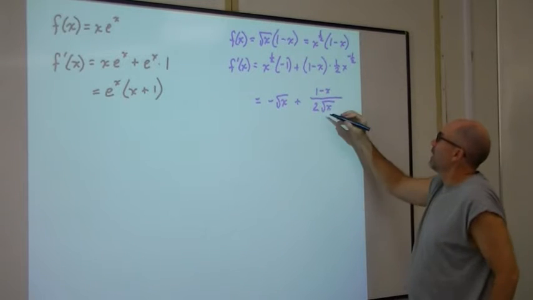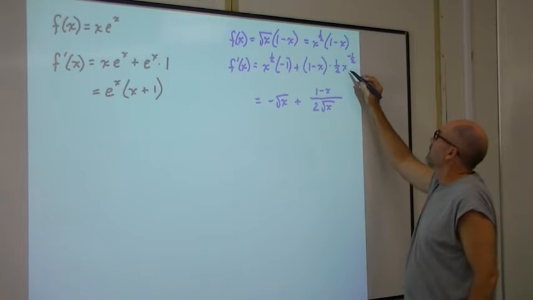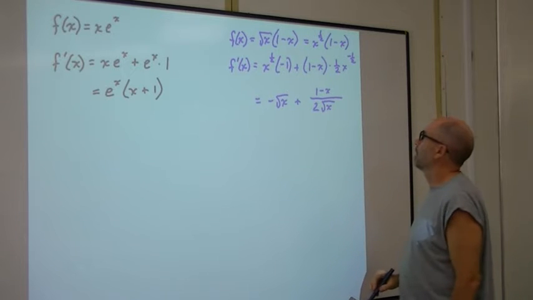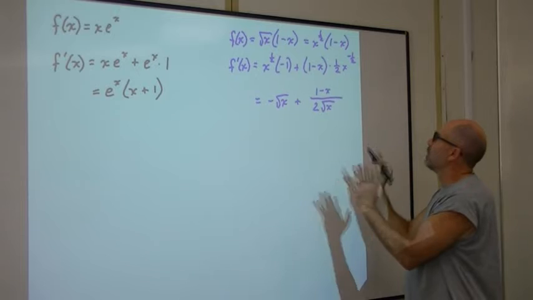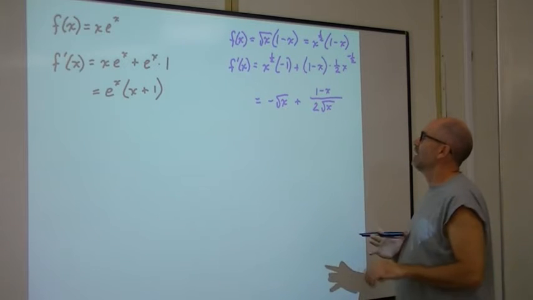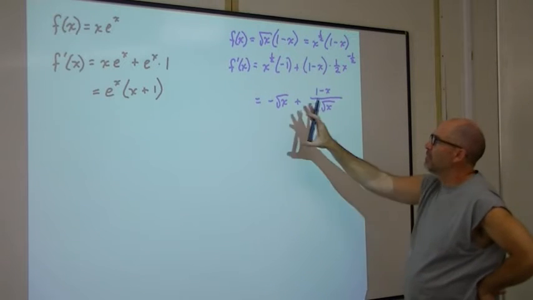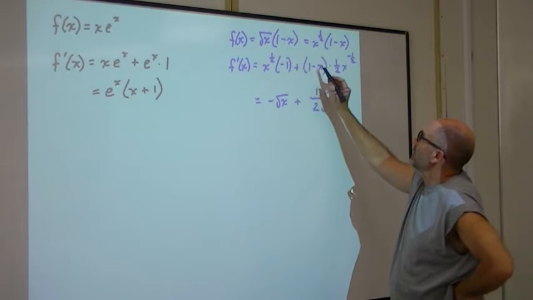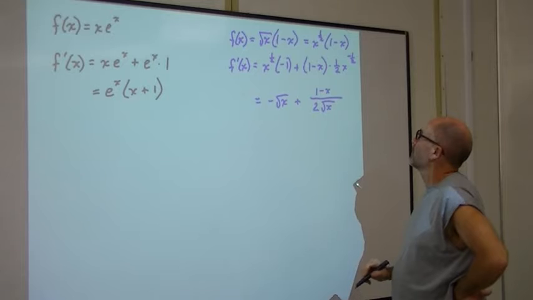This is times 1/2 and times x to the negative 1/2, which puts square root of x on the bottom. Now, I could doctor that up and get it in simpler form, but this is basically the calculus: first times derivative of the second, plus second times derivative of the first.